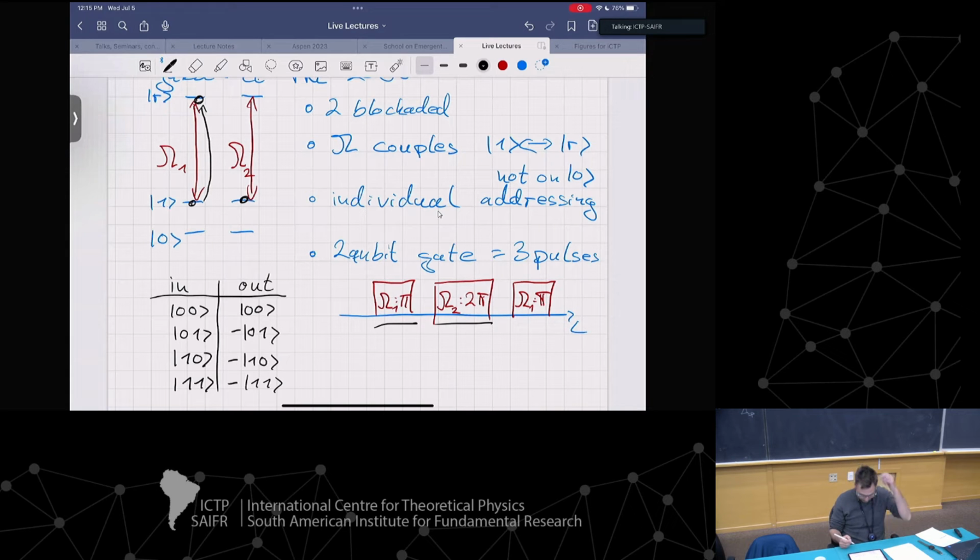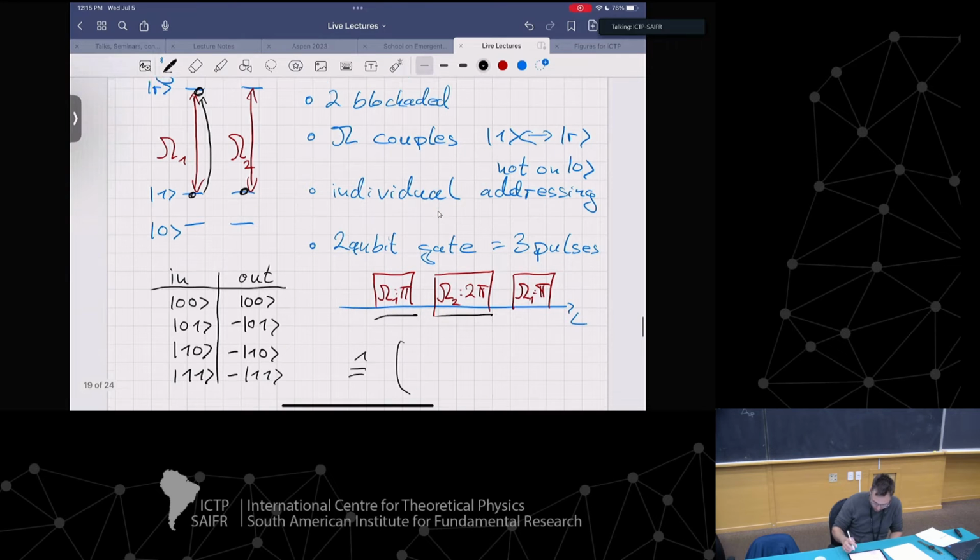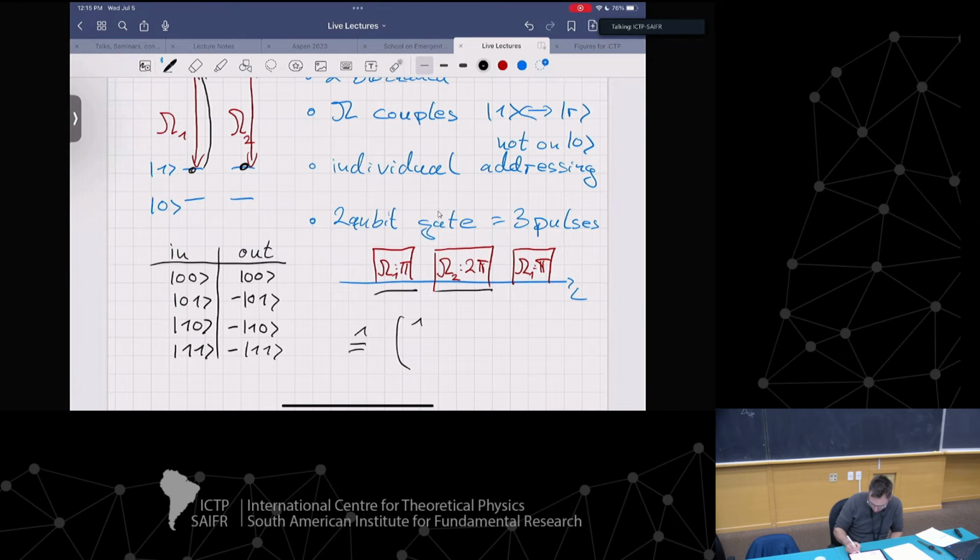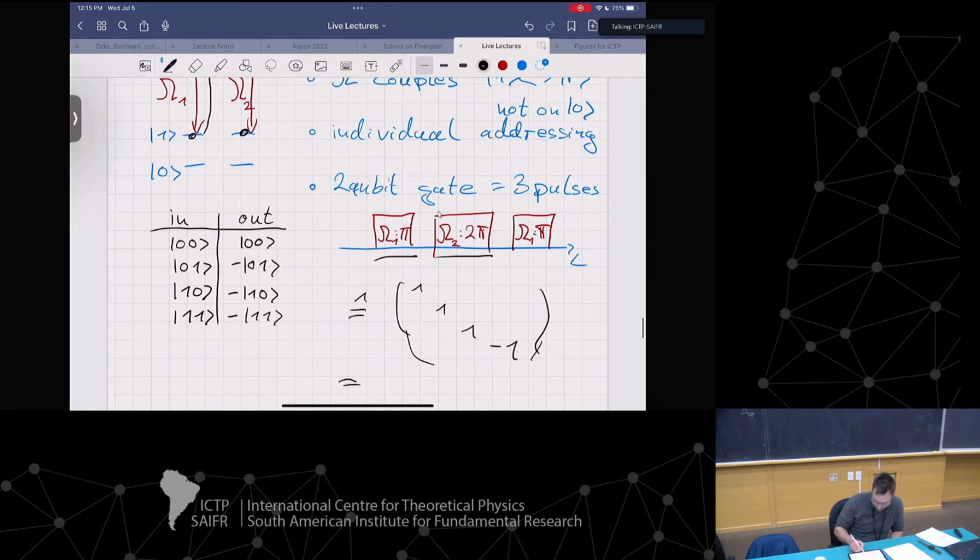If you look at this, this is a gate, a 4 by 4 matrix. On the diagonal, you have 1 positive 1 and 3 negative 1s. If you do a couple more single qubit rotations, this looks exactly like 1, 1, 1, minus 1. And this is a controlled Z gate.